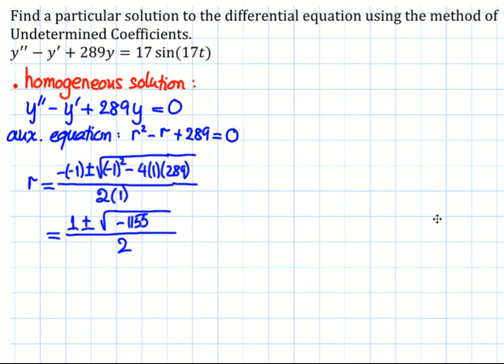Now next we're going to guess the particular solution. We need a lot more space on that, so I'm going to write that here. Particular solution.